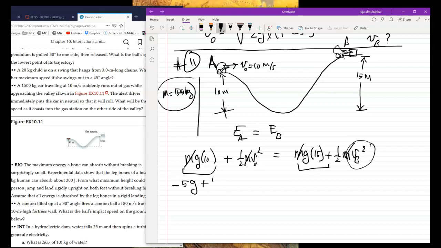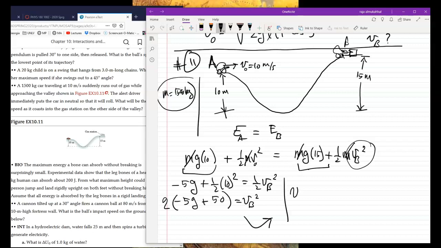And then plus 1/2 times 10 squared equals 1/2 V B squared. Are you guys following my algebra? That's going to be minus 5g plus 50, correct? 100 times that is 50. Multiply this by 2 from that equals V B squared. Is that okay, guys? Okay.